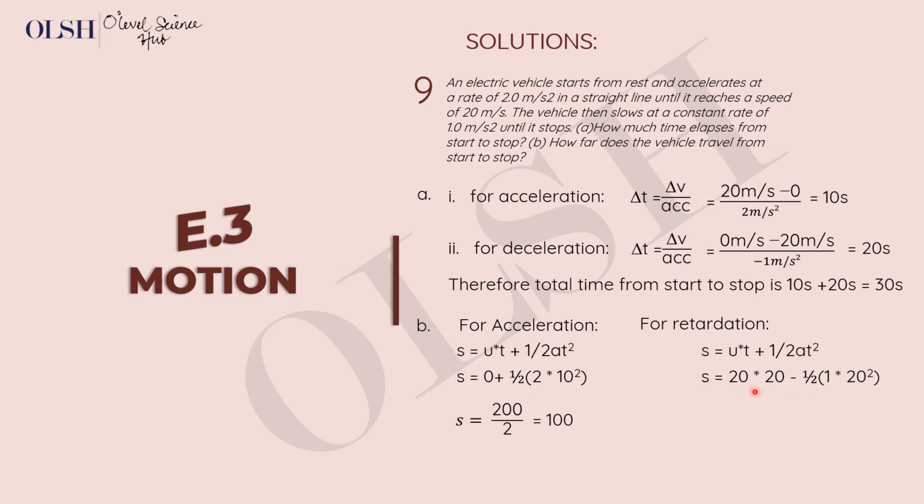If we bring that into the equation, we have s equals 20 times 20 minus half times 1 times 20 squared. If we simplify that, 20 times 20 is 400, and 20 squared is 400, divided by 2 is 200. So we have 400 minus 200, which gives us 200.